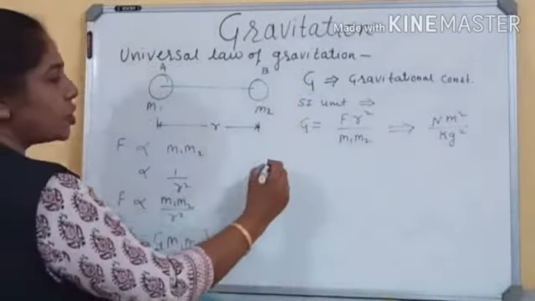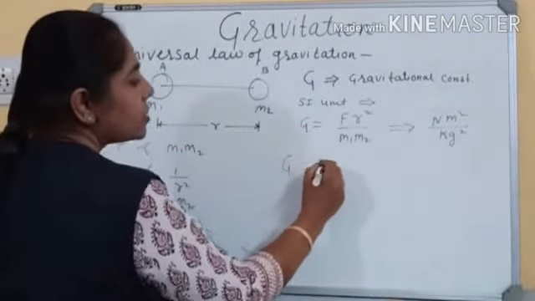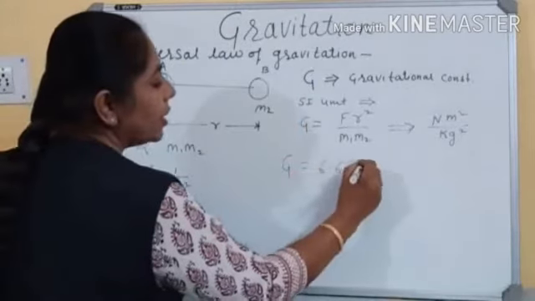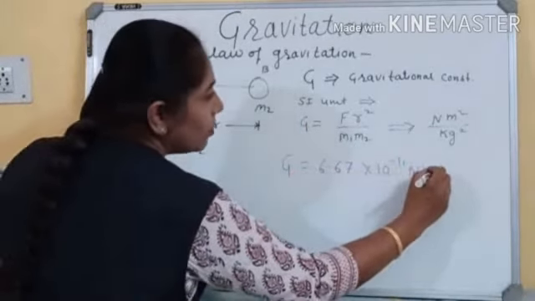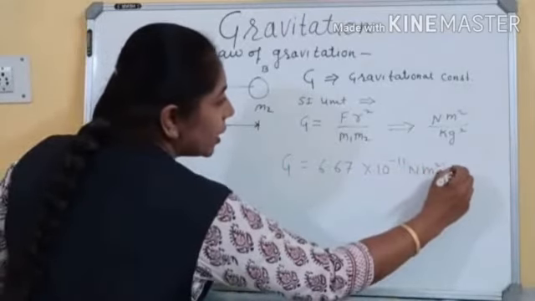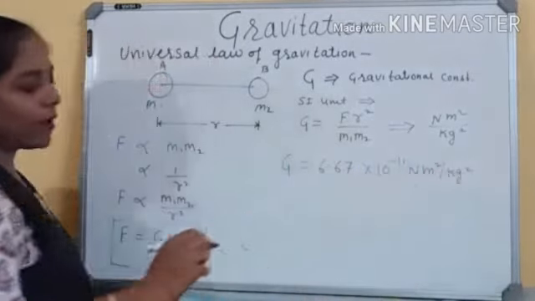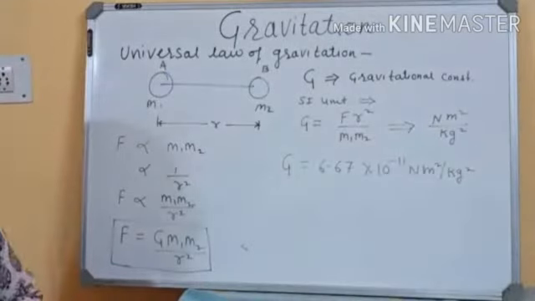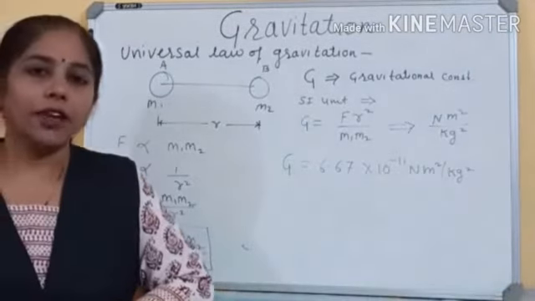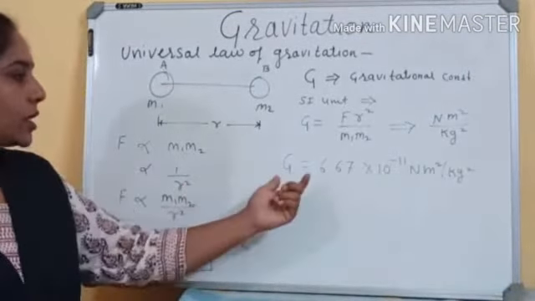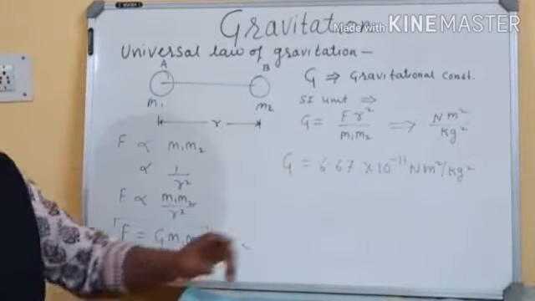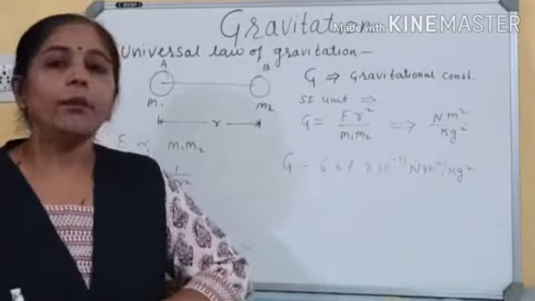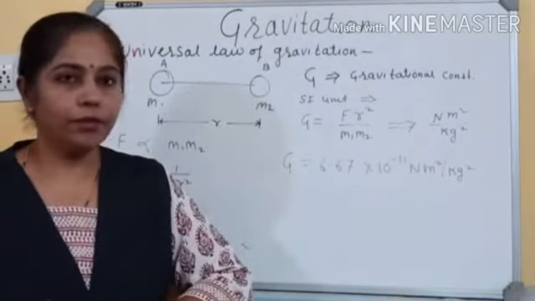The value of the G constant is 6.67 into 10 raised to minus 11 Newton meter square per kg square. The value was given by the scientist Cavendish.